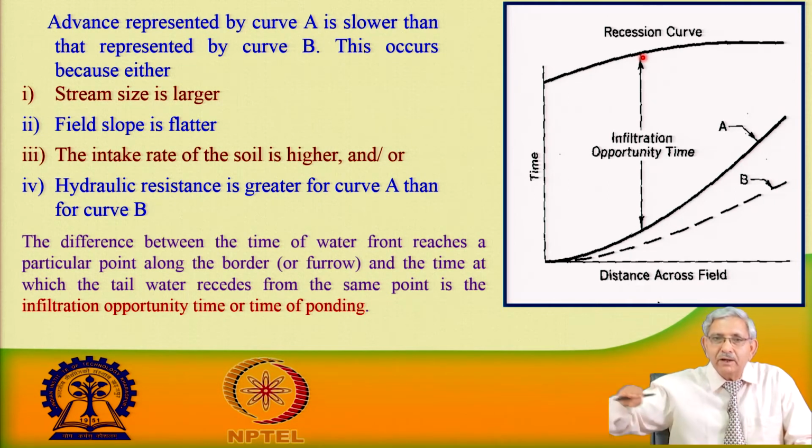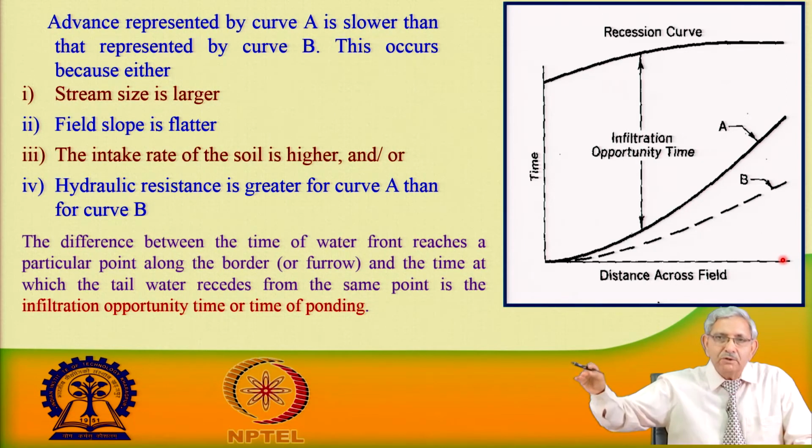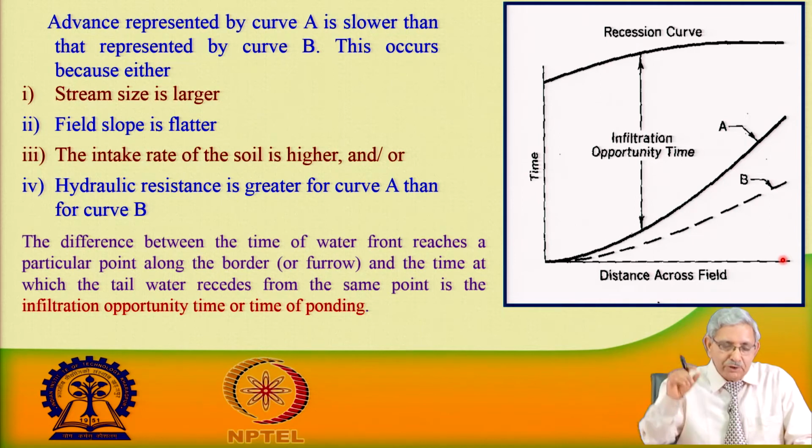Then the infiltration opportunity time, or the time the water ponds, is uniform from one end to the other end. That is a theoretical consideration. At the upstream end infiltration will be more, and as you go to the downstream end the infiltration is going to be less.